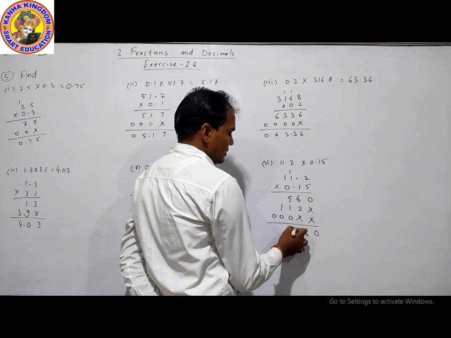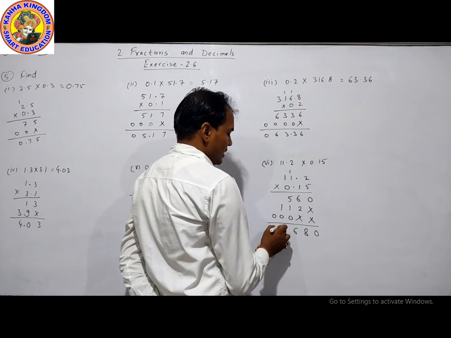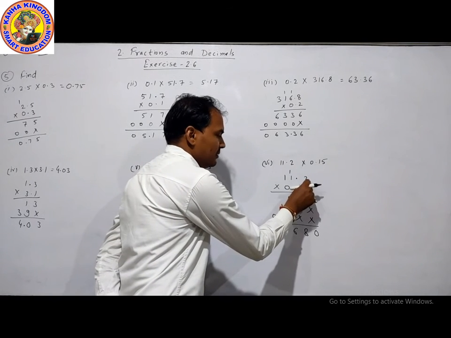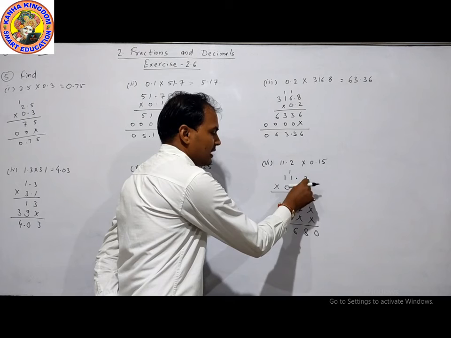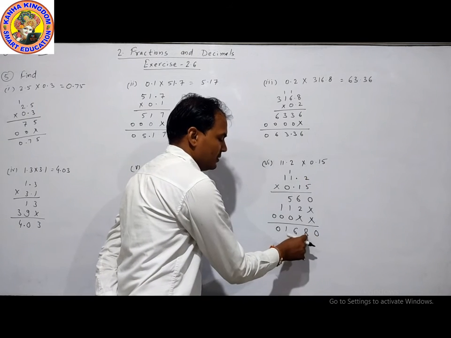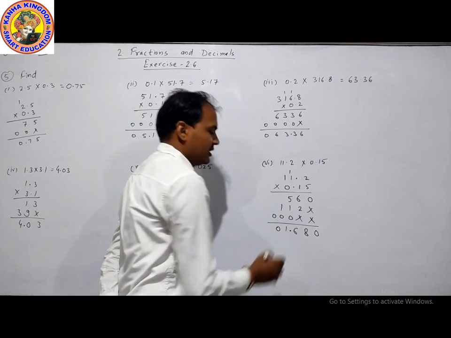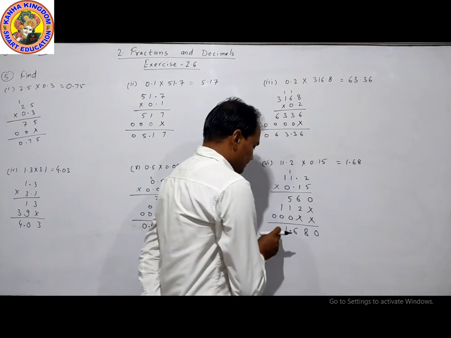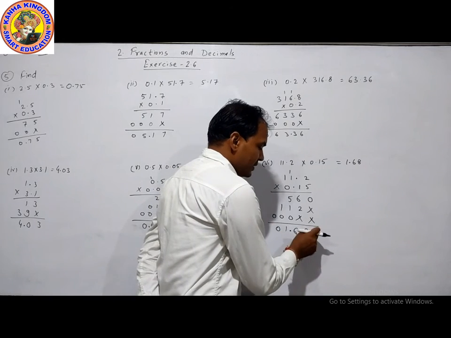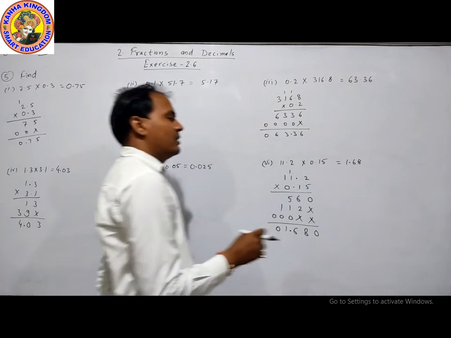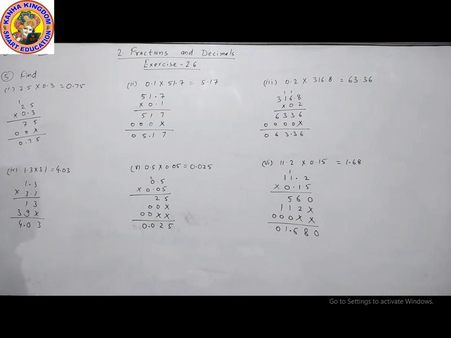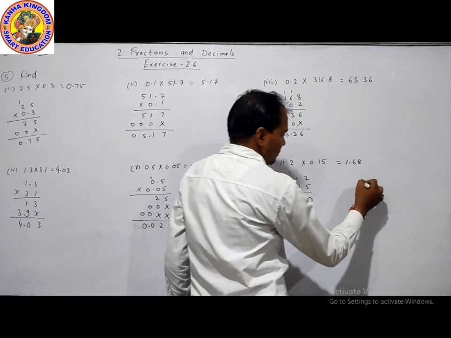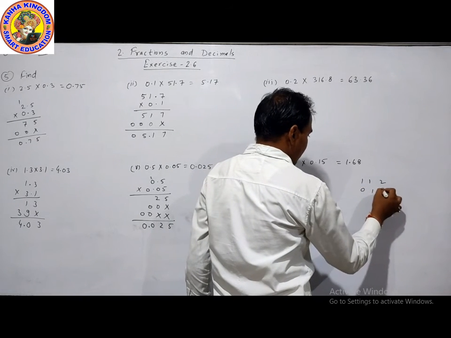Now counting of decimal points: 1, 2, 3, after 3 digits. The answer is 1.68. 0 can be removed from here, and 0 from here. The answer is 1.68.